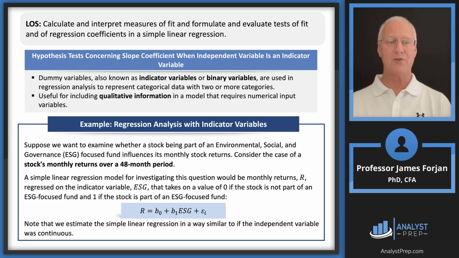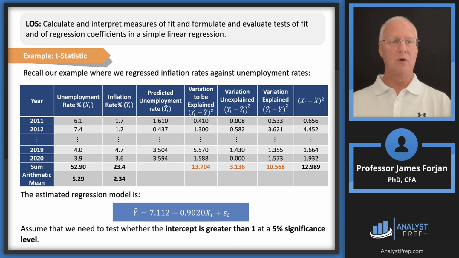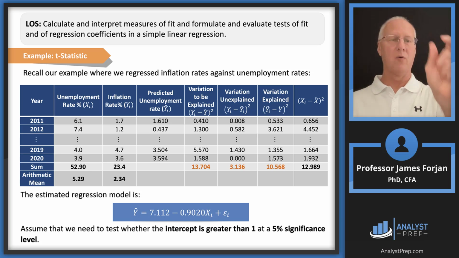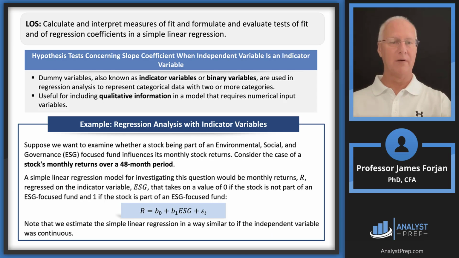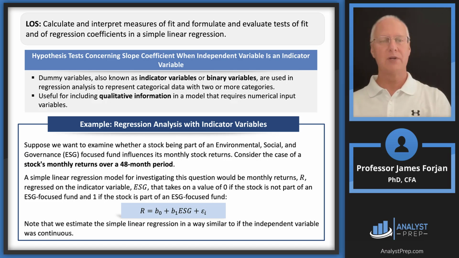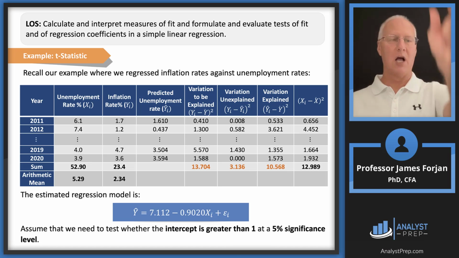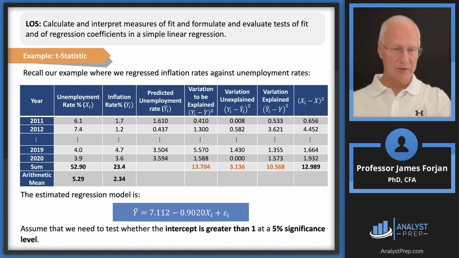All right, so imagine what this looks like. Let me go back here quickly. What did we have here? We had unemployment rates and we had inflation rates. Those were all quantitative variables. So now, what are we having? We're having monthly returns. So imagine a column of monthly returns, and then the next column is going to be either a 1 or a 0.